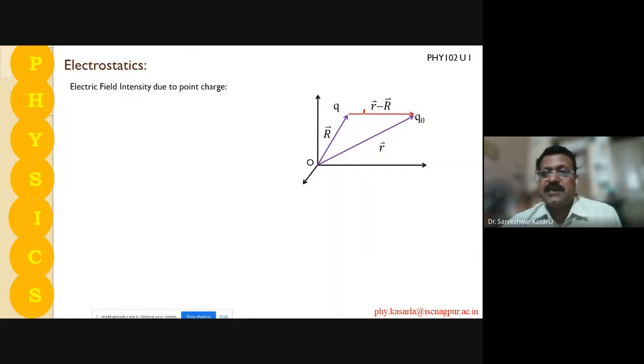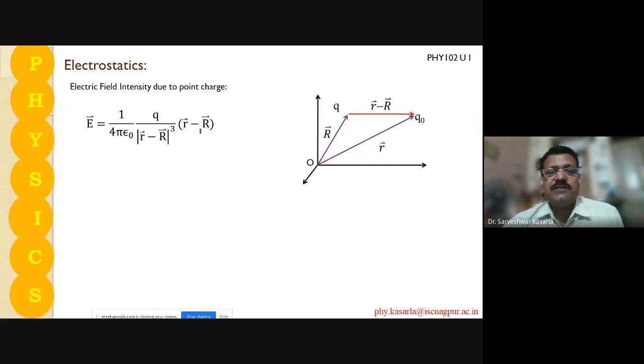Okay, the diagram is clear. We apply the triangle law. This vector will be equal to small r minus vector capital R. Then here the intensity, we know intensity is equal to 1 upon 4 pi epsilon 0 q upon the cube of the magnitude of vector small r minus capital R. So this is the magnitude, and its vector is r minus R. Here, this is the expression of intensity, therefore there remains charge q only, because the test charge is taken as 1.